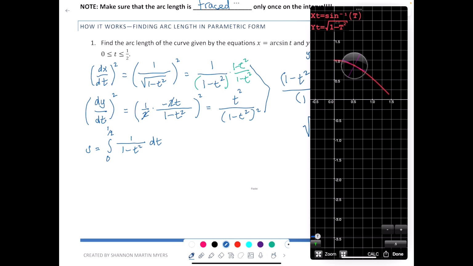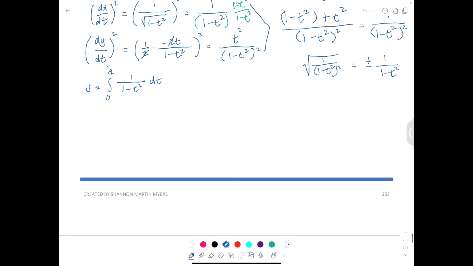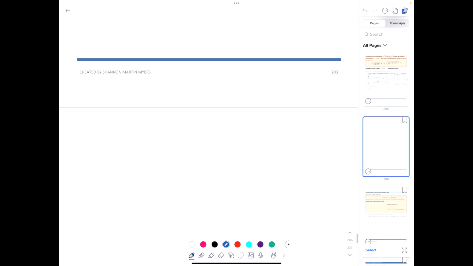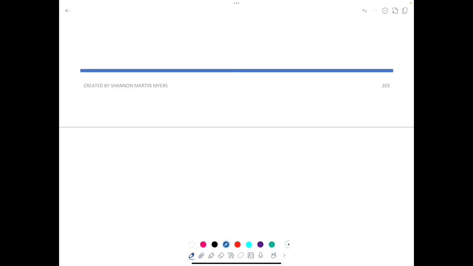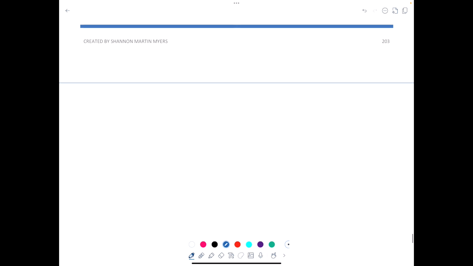And so I'll go back to the problem at hand, and then when we do our trig substitution, I'm going to add a page in here. Oh, I already had it added. When I go to this page to do the integral, we make the substitution t equals 1 times sine theta. So t over 1 is equal to sine theta.